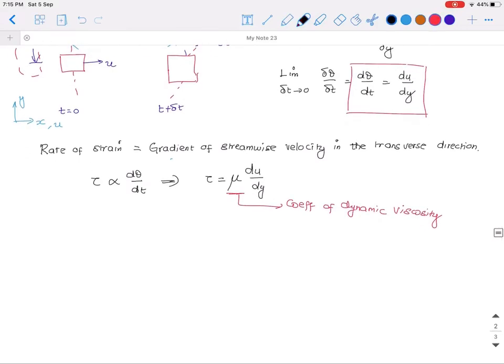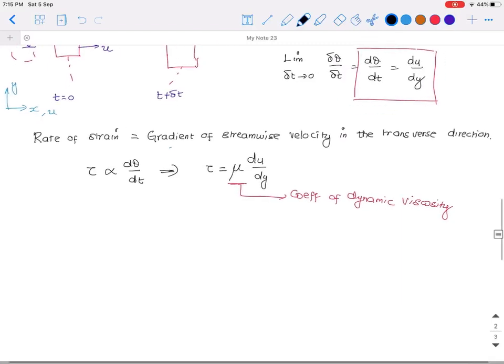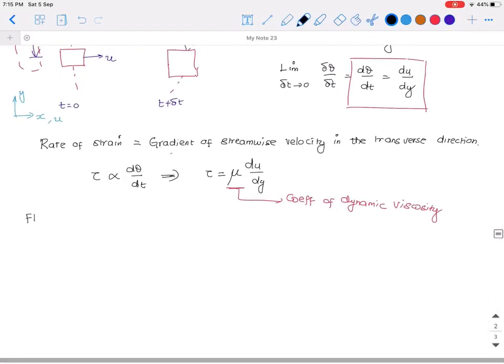Fluids that obey a linear relation between shear stress and rate of shear strain are called Newtonian fluids.